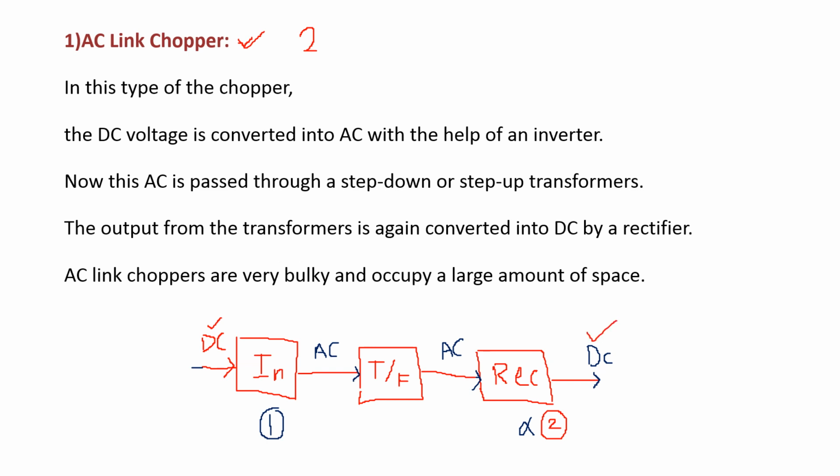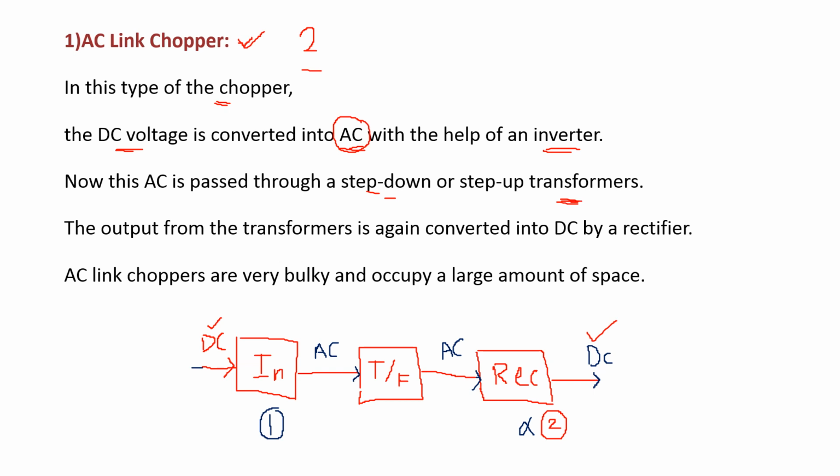In this type of chopper, first the fixed DC voltage is converted into AC voltage by using the inverter circuit, and this AC voltage is stepped up or stepped down by using the transformer.